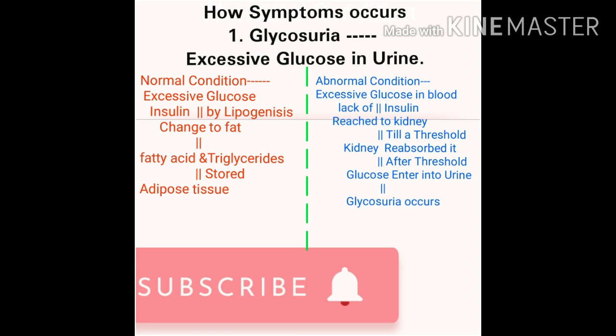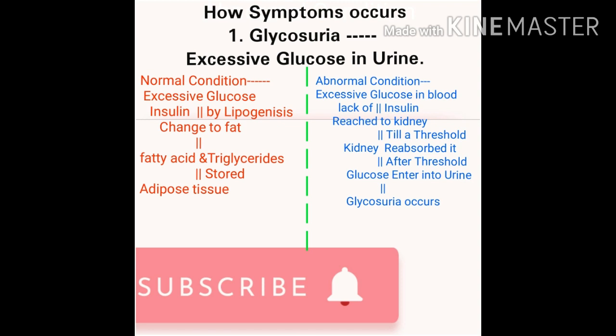The kidney has a threshold, and until that threshold the kidney absorbs that glucose. But when the threshold is crossed, the glucose starts entering the urine, and this condition is known as glycosuria.